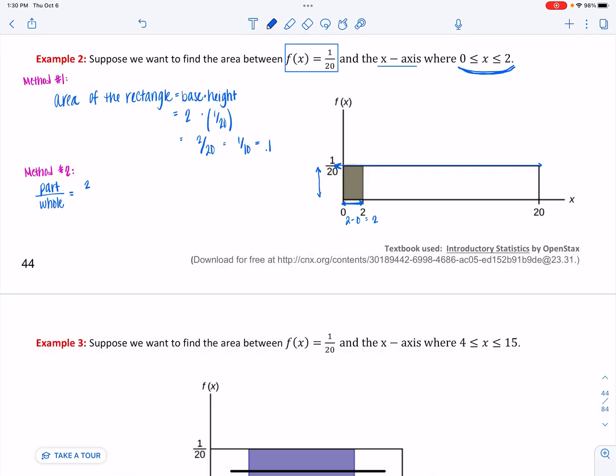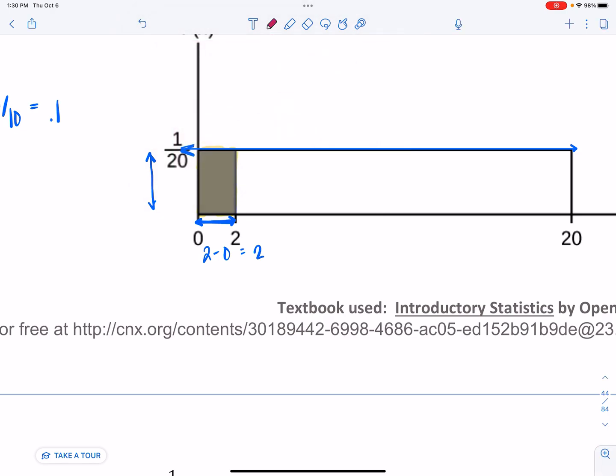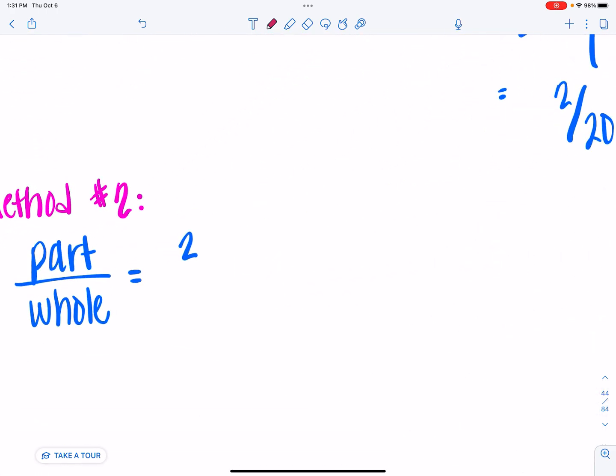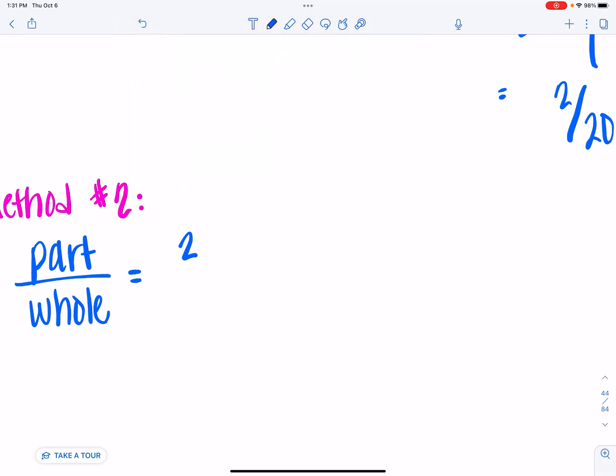The whole is the whole length of my original rectangle. That's 20.